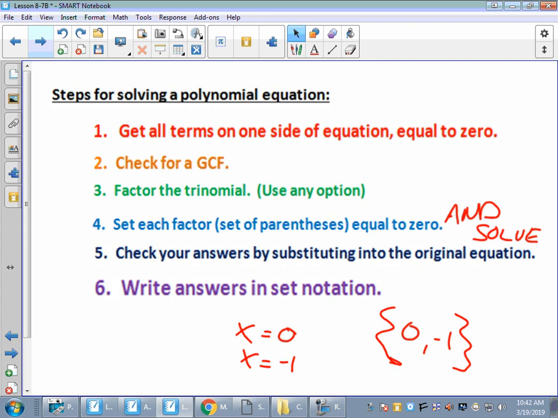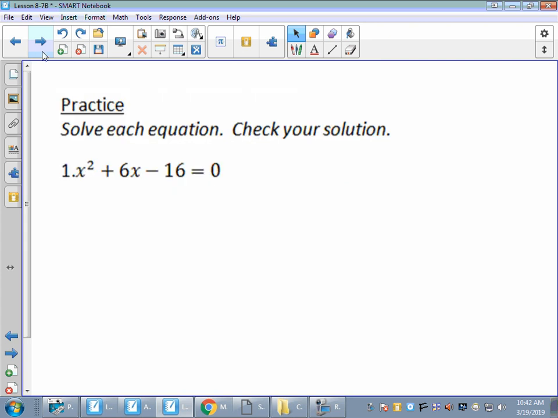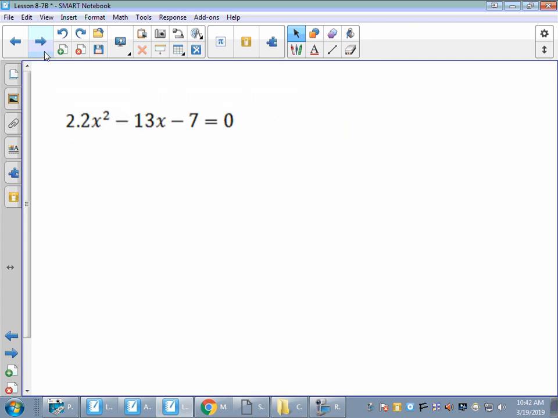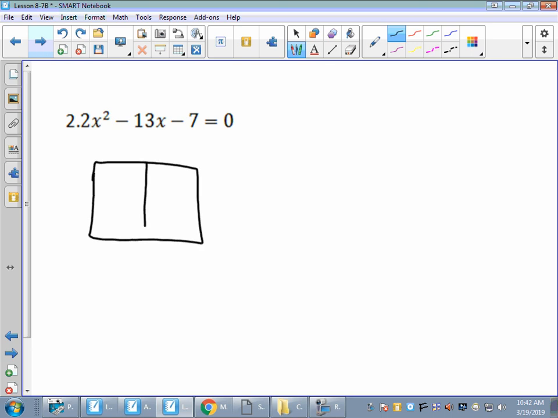Okay? So let's try an example here. Let's go to number 2, we'll say. All right? Okay, number 2 is going to be, I'm going to do the square method today because we're working with the square method all day today just to try and give us another option, something that we like.